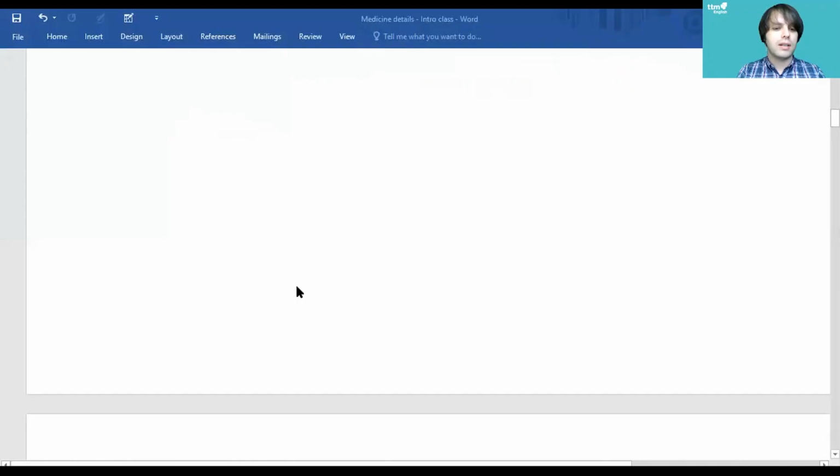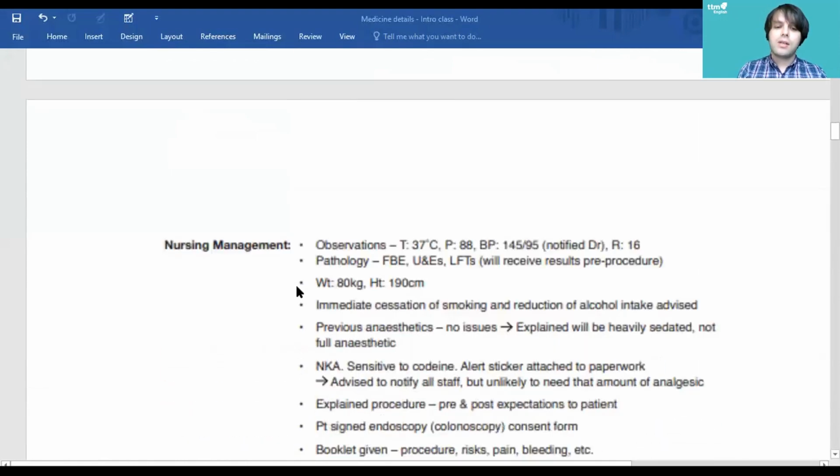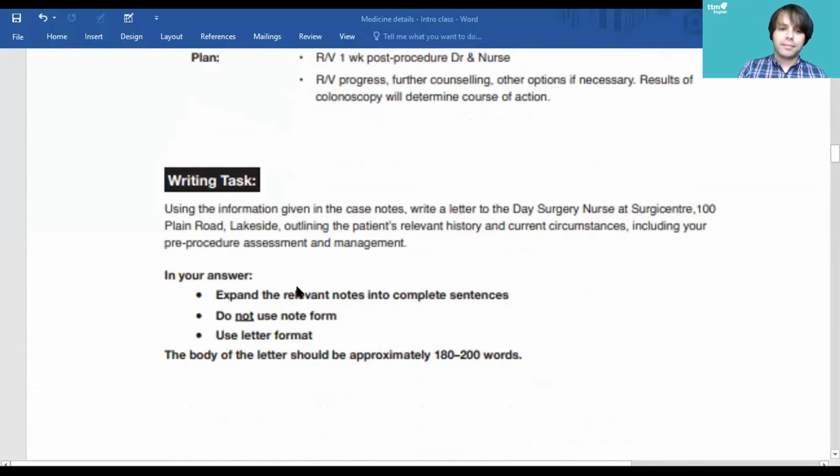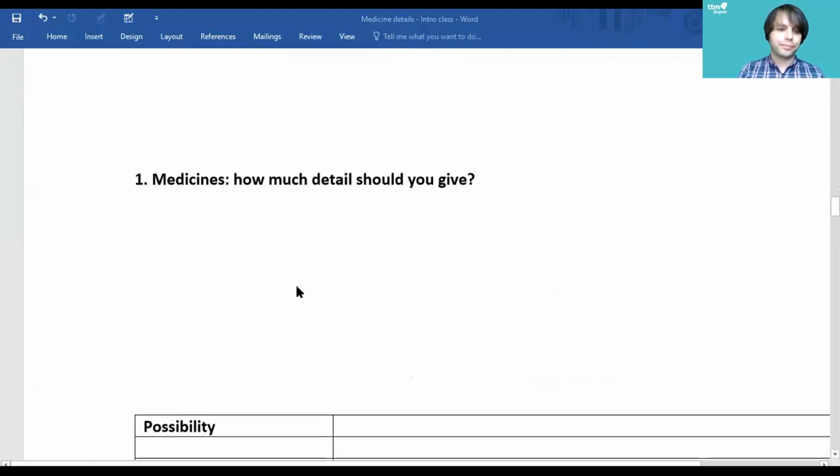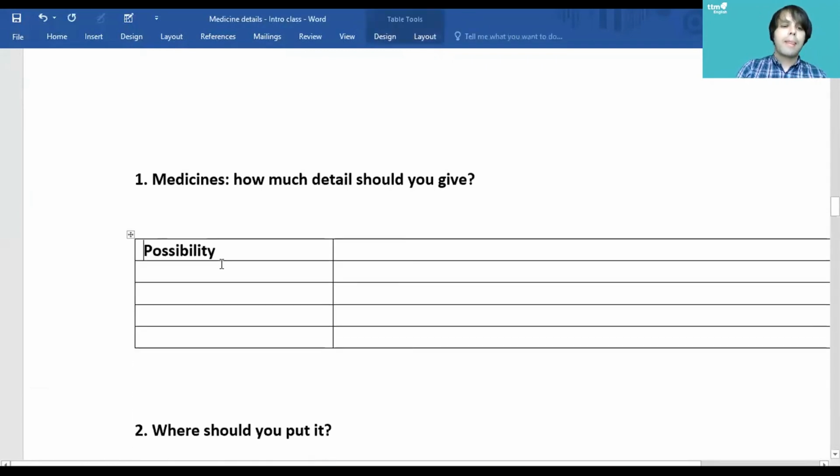It depends on the situation. Sometimes you need to include it, sometimes you don't. However, it's still very, very difficult in the exam to decide what is needed and what is not needed. So I have an idea, and I'm going to teach it in this class today. I think it's useful to think about possibilities.